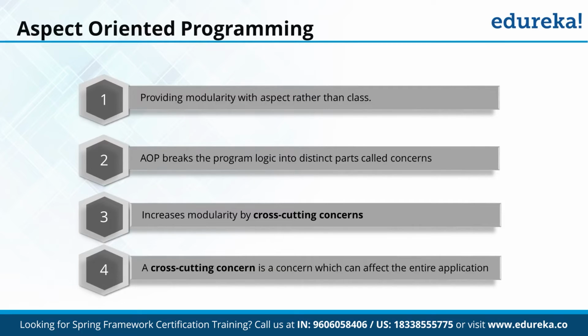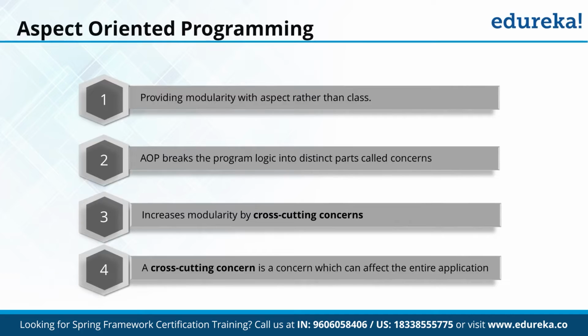Based on that, Amazon can give me some promotional offers, or I can get some emails or advertisements from Amazon, which will say that you must purchase this iPhone, right? So logging. Now logging is also a kind of cross-cutting concern. To implement such cross-cutting concerns, we can use aspect-oriented programming in the Spring Framework.